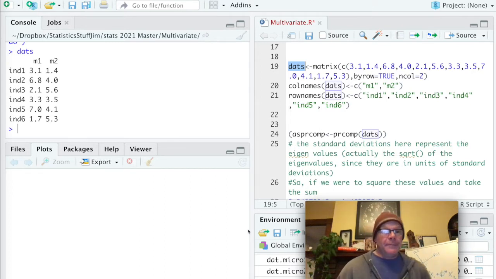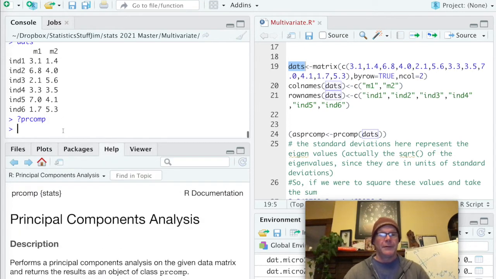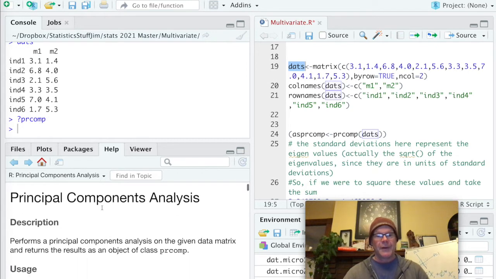There are a number of ways we can do principal components analysis in R. The simplest one is to use a built-in function called prcomp. If I were to type in ?prcomp, you can see it's part of the base stats package. Everybody that's watching this that has R on their computer, you have this on your computer.